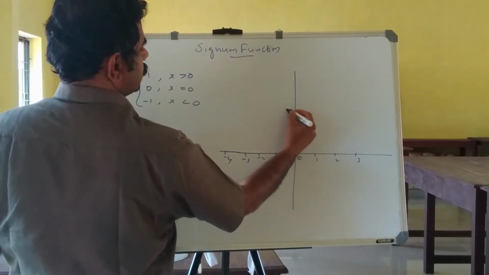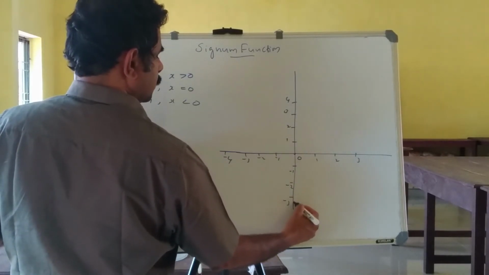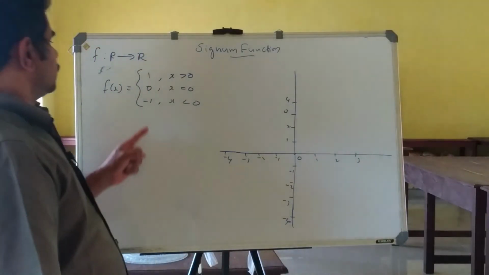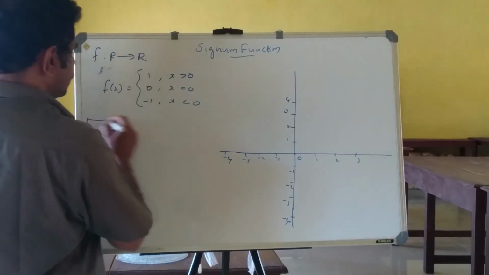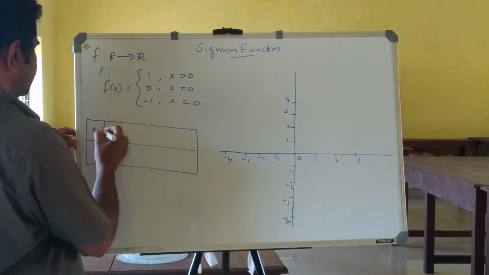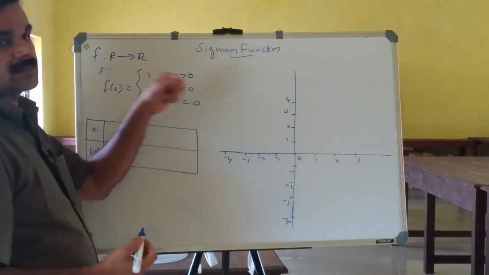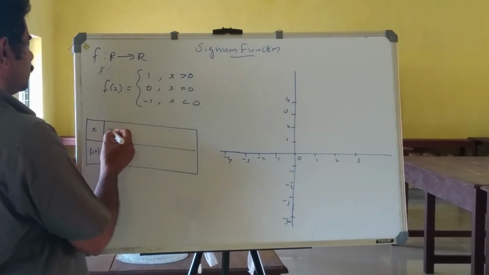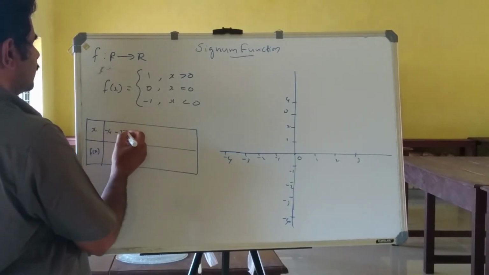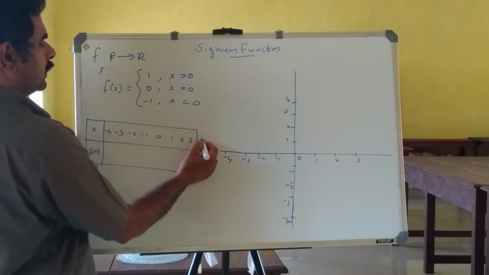Then you can draw columns and rows for showing its domain and range, x and f(x). Take x values minus 4, minus 3, minus 2, minus 1, 0, 1, 2, 3, 4.